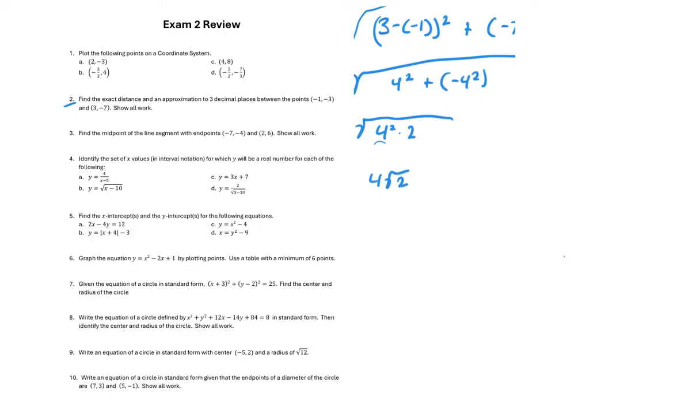So that is the exact distance. And then for the approximate, we would put that in the calculator and get 6.5. Calculator says 6.8, so that rounds up to 7.